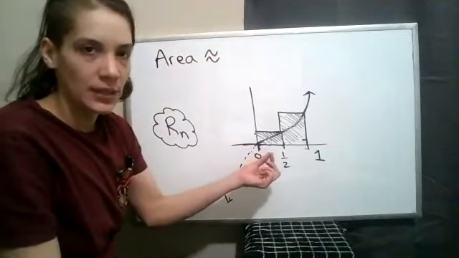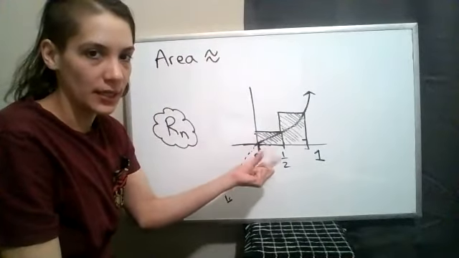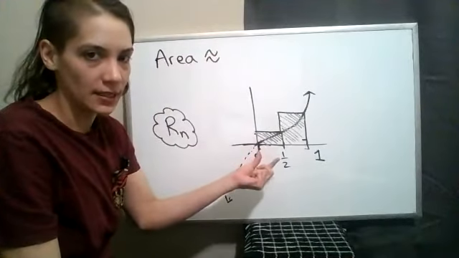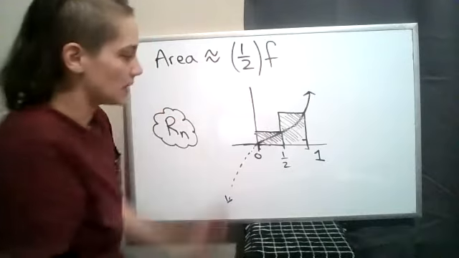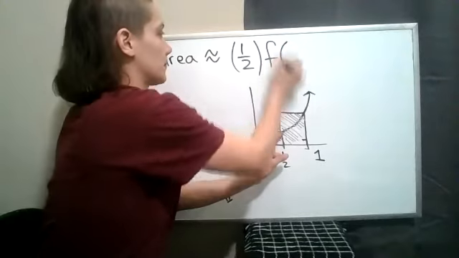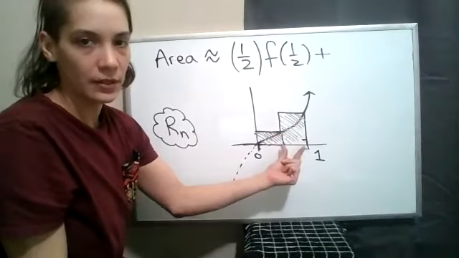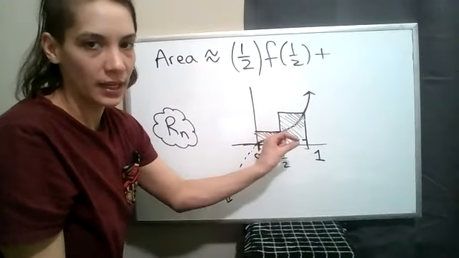Okay, every time we take the width times the height. So the width is delta x, the width of 1/2, times f, and in this case we chose f of 1/2. Add the area of that rectangle, 1/2 by f of 1.